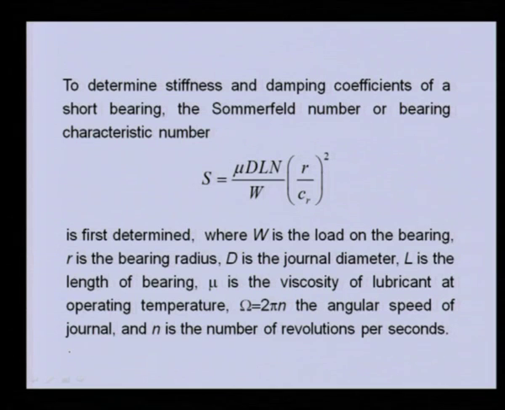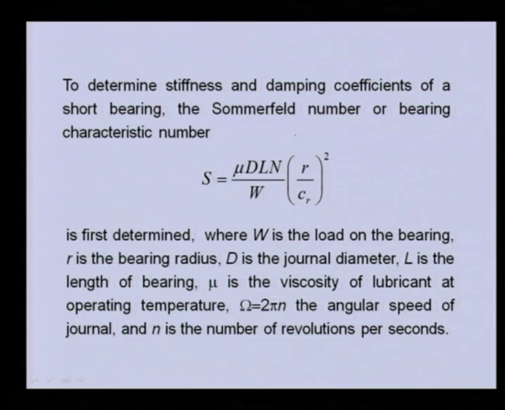Generally, we obtain these bearing properties in terms of the Sommerfeld number, which is defined like this, where D is the diameter of the bearing, L is the length of the bearing, and N is the revolution per second, and this is the weight of the journal.